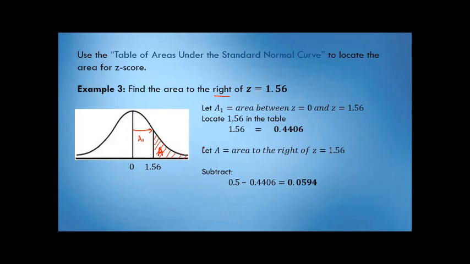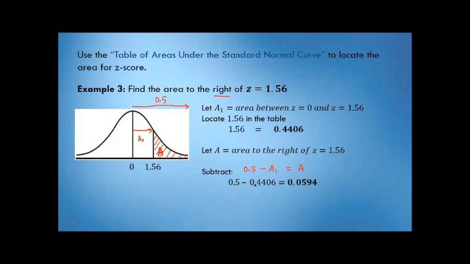Now, para natin makuha yan, dahil mula dito hanggang dulo, half yan ng ating curve, di ba alam natin na ang kalahati ng curve ay 0.5. So, ibig sabihin, isasubtract natin itong part na to sa 0.5 para ang matira na lang ay yung mga area na nasa right. Okay? So, magiging solution natin dyan is half of the curve minus area 1 is equal to the area na hinahanap natin. Ayan.